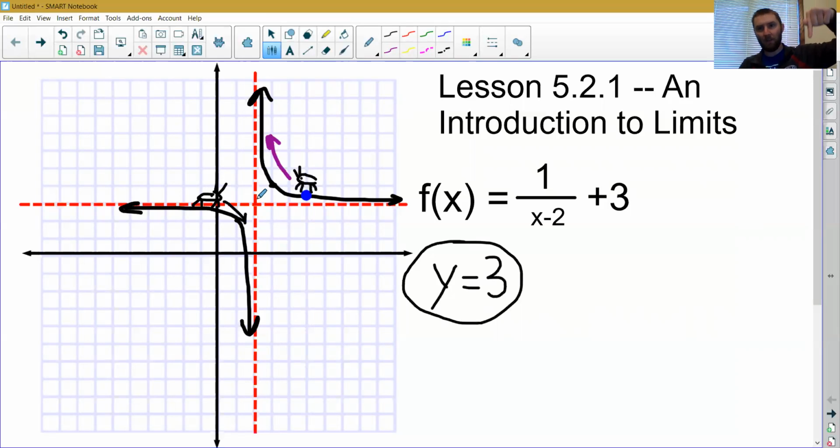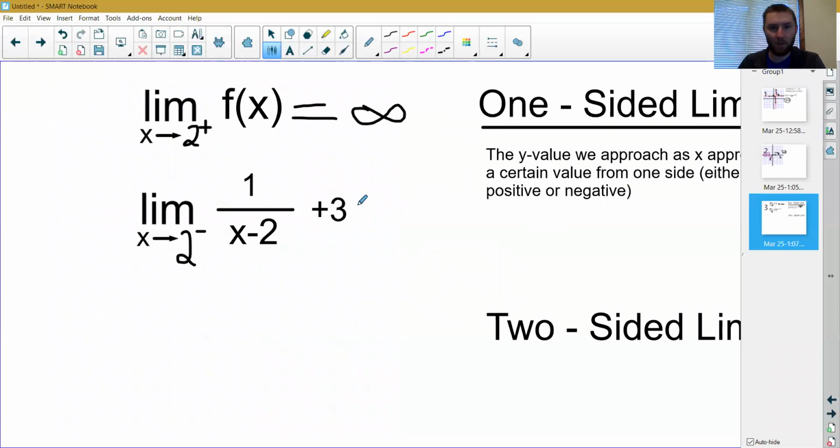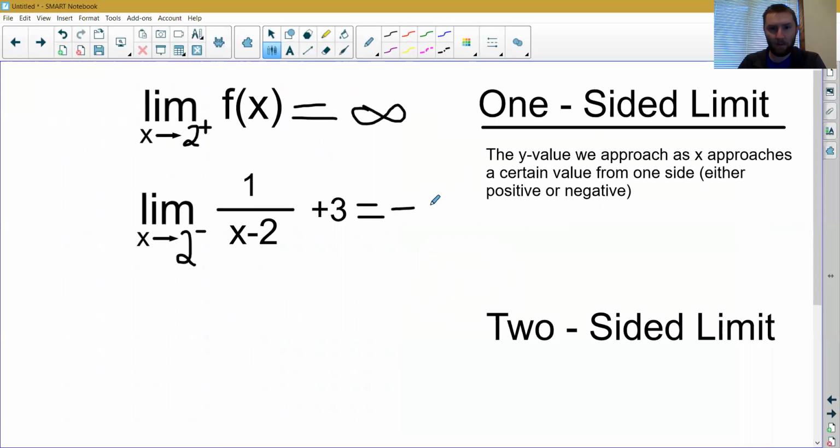Well, she doesn't think there's any limit to hers either, but she's going down off the cliff, to the bottom of the Atlantic Ocean, to the core of the Earth. So her limit from the negative side of this function we would say is negative infinity, because she's just going to keep going as she approaches x equals 2. She's going to go down forever, and there's not going to be a limit on how far down she can go. So it's negative infinity.